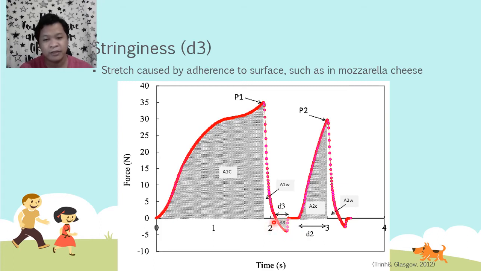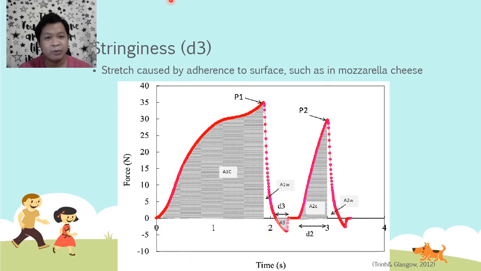As mentioned before, this means nga na instead of requiring a downward force to push, it requires a pulling force or an upward force to separate your teeth or the roof of your mouth from something sticky or stringy, as in mozzarella cheese.